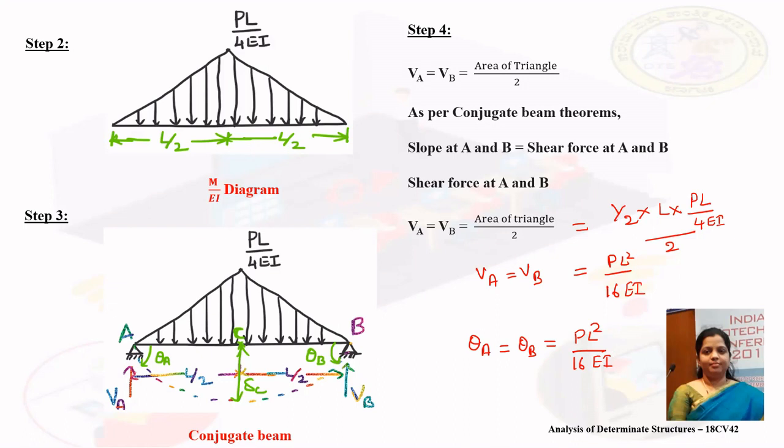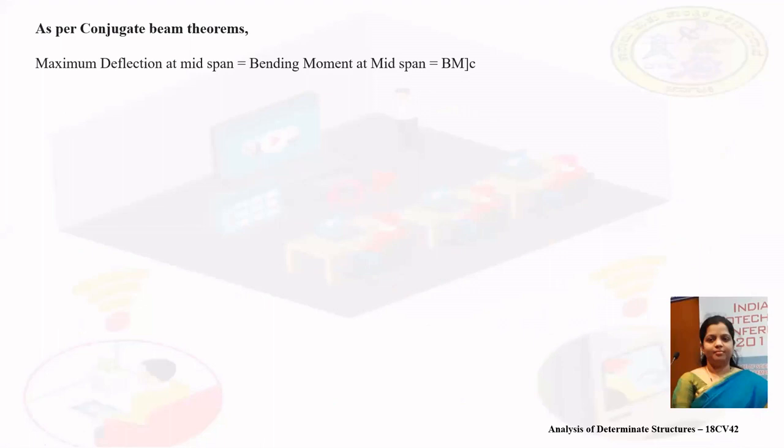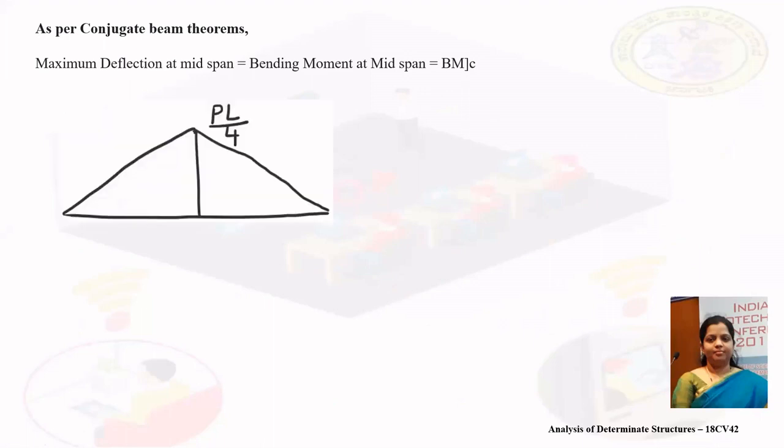Now let me move on to computation of bending moment. As per conjugate beam theorems, maximum deflection at midspan is equal to maximum bending moment at midspan. So first let us consider the M by EI diagram, that is PL by 4 EI.